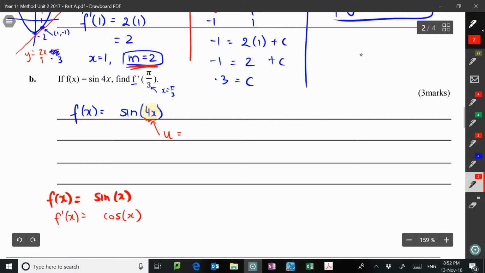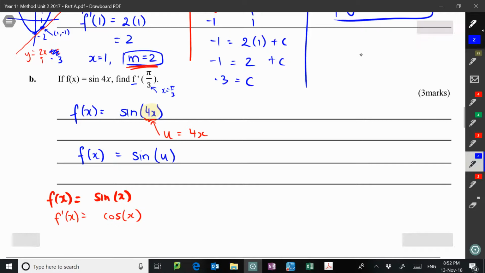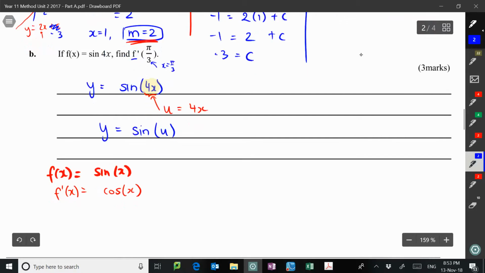If I let u equal 4x, why do I do that? Okay, it's always about the y, because if you really look at what you're trying to do, it changes the problem from f of x to now becoming sine of u. Okay, technically it's f of u, right? And just to make things easier, I'm just going to call this y. Why do I like y equals sine of u?